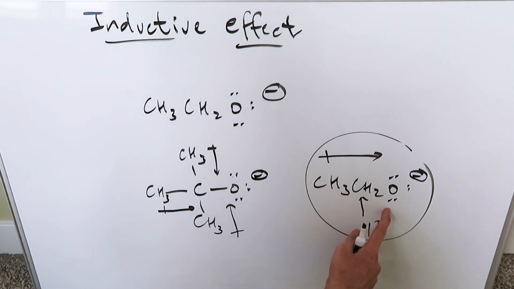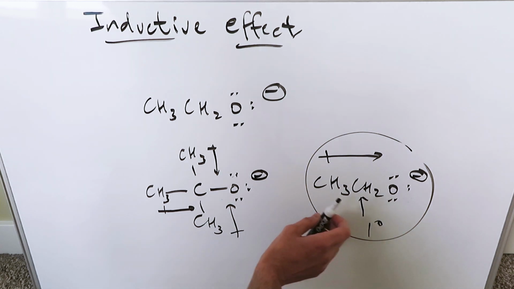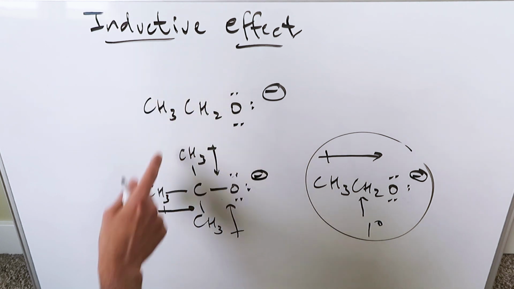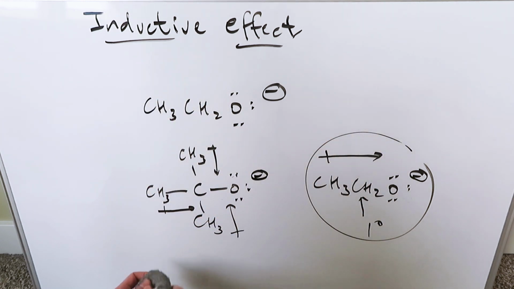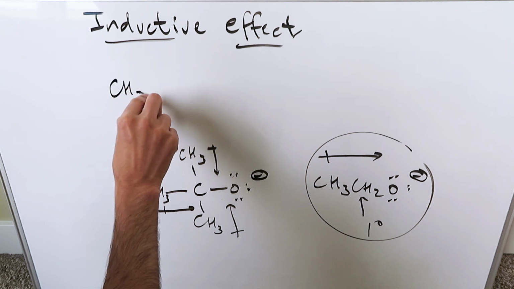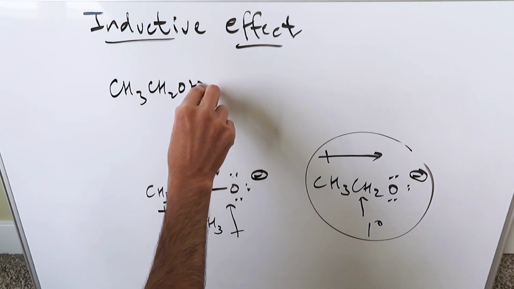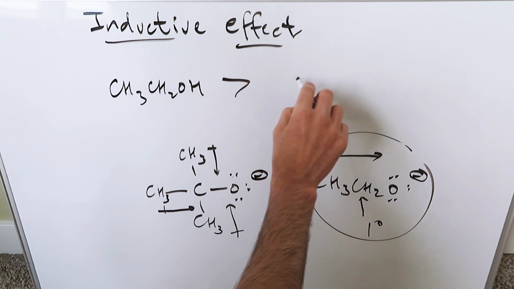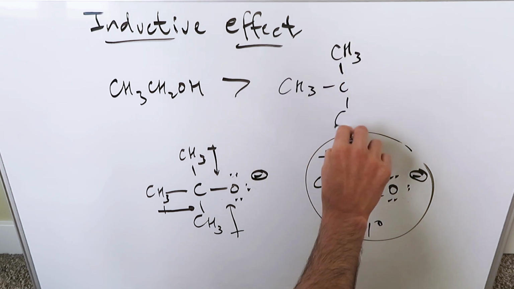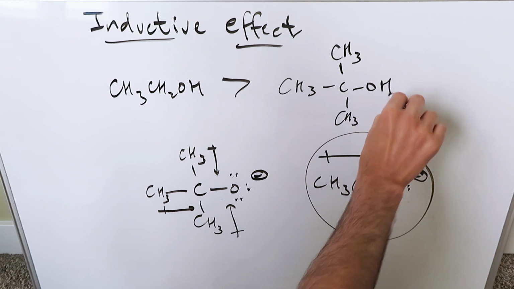This right here is relatively more stable. It would tell you now, because you are having a charge donation by means of induction along sigma bonds, you could clearly say in terms of acidities that your ethanol, which would be CH3CH2OH, would be a stronger acid than this other alcohol, which we can say is tertiary butyl alcohol.